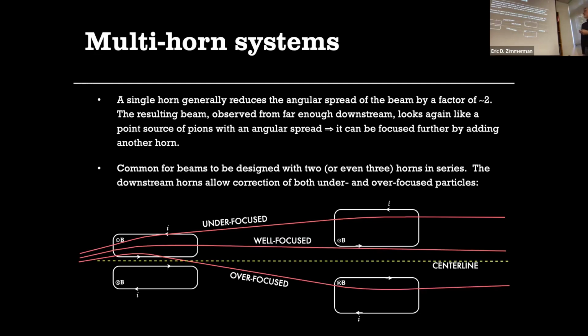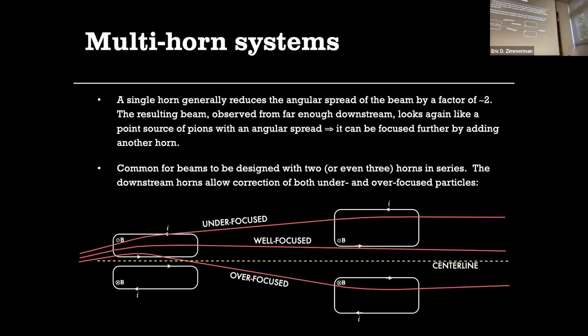So a single horn generally reduces the angular spread of the beam by roughly a factor of 2, depending on how you count. And what you get out of there, if you look far enough away, starts to look like a point source of mesons again. So you can then improve the focusing by adding additional horns downstream. So if here's your first horn, you have overfocused particles, they cross the center line, then they get corrected.